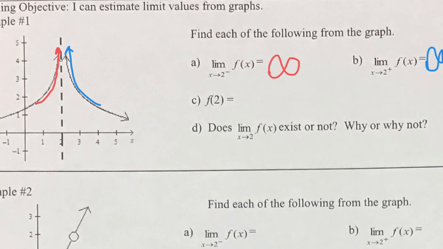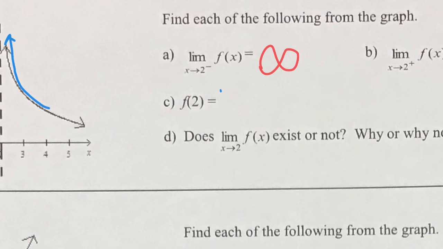But what is the actual y value when x equals 2? How do we write that as far as a y value goes? Something over 0, right? An asymptote is going to be undefined. Okay, whenever we have an asymptote on the graph, the y value there is undefined at that x value. That's why there's an asymptote, because it's undefined.